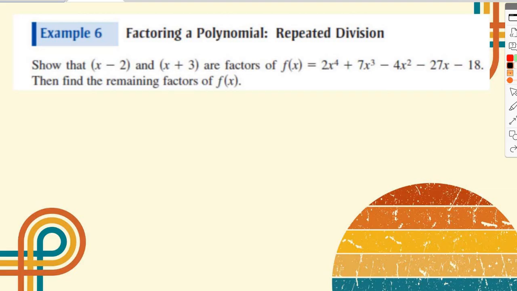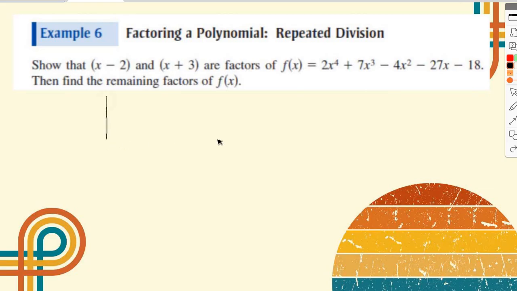So if I said that it is a factor, what should we get for our remainder? 0, right? It's not going to lie to you. Now, it could ask whether x minus 2 is a factor, and then you could get no, but it's not going to say show it's a factor if it's not.